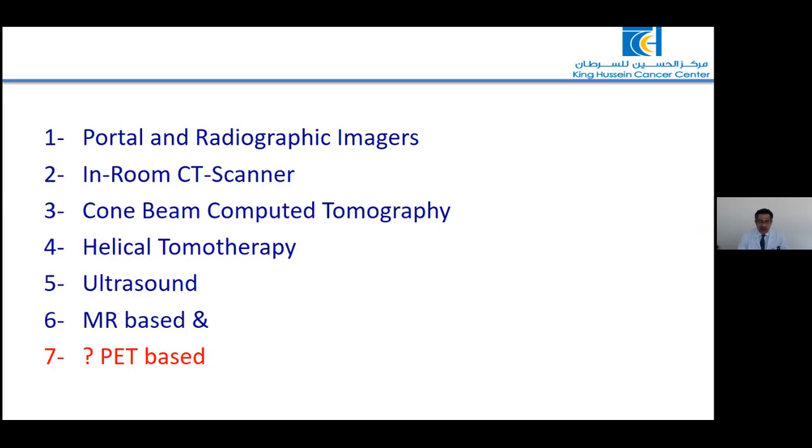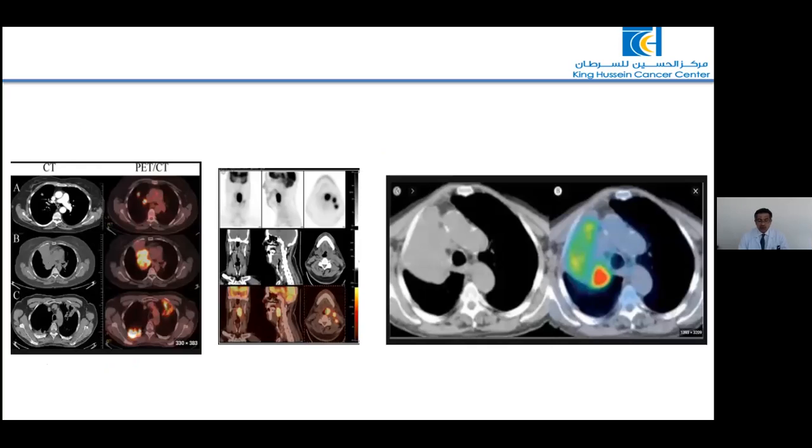So if we succeeded in having tools like ultrasound, CT, and MRI, and now they are in use, what about the PET scan? Although so far it is not in clinical use as an IGRT tool, we use it for diagnosis and for radiotherapy planning.